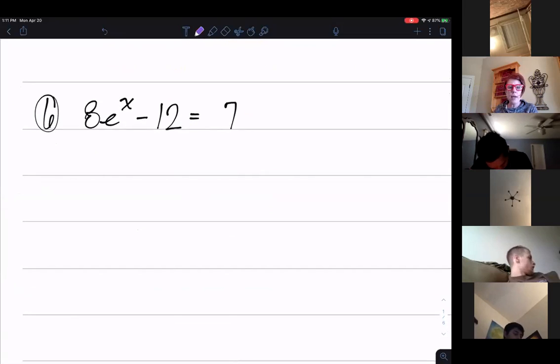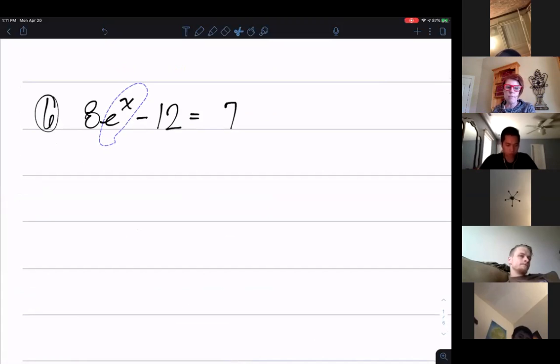All right, again, my unknown is in the power. So if my unknown is in the power, we need to get the base and the power alone. So I need to start stripping away everything from that base and the power. The e to the x is what needs to be isolated.